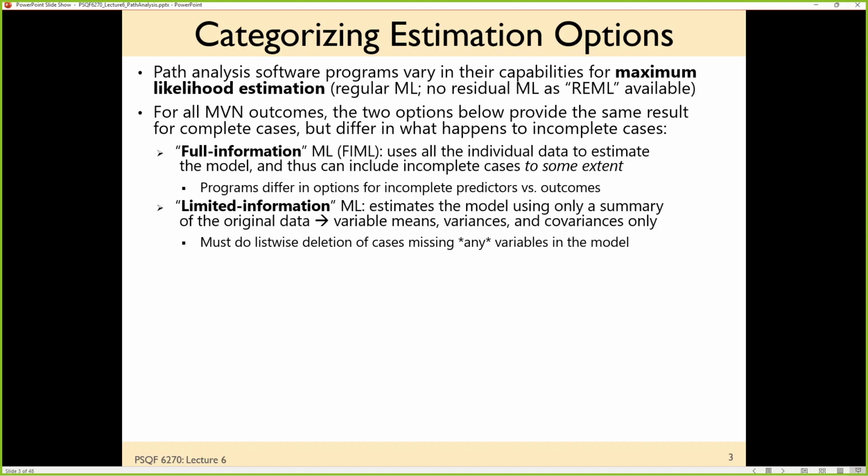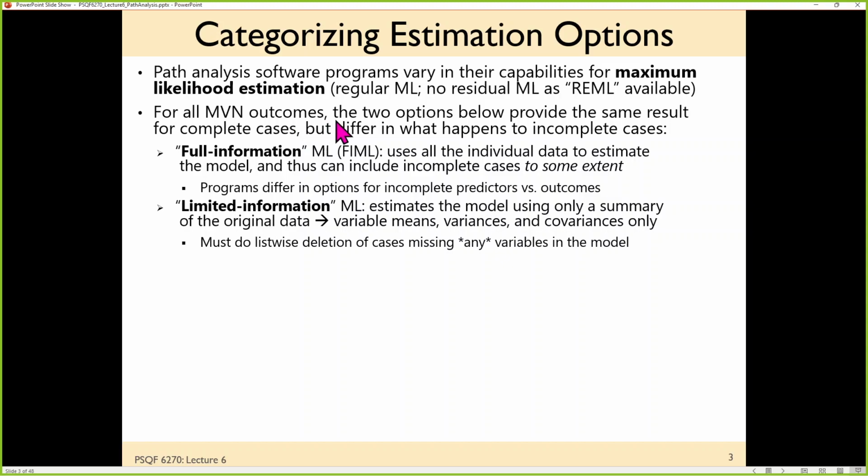So things change fairly rapidly with these models, and so I'm trying to give you what I believe to be the most up-to-date, but these even may have changed since the last time I looked at this. So in estimation, we're using maximum likelihood still. By the way, for those of you who've had the multi-level coursework in which we used REML for everything, that is not a thing in path models, so that's not even a choice.